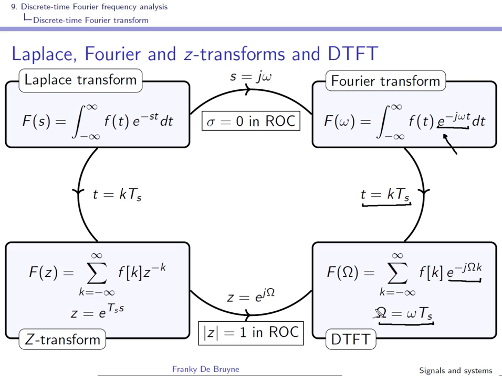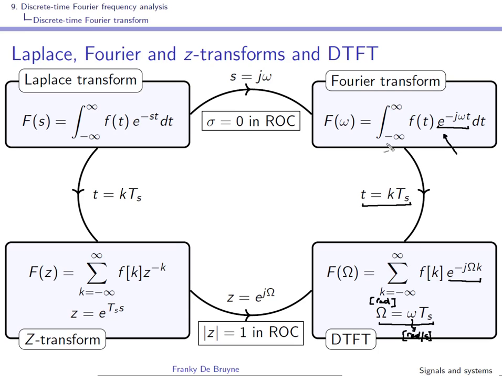The discrete frequency is written as a function of the analog frequency times Ts. Remember that this one is in radians per second, right? Ts, of course, is in seconds, so the discrete frequency is simply expressed in radians. So this is the discrete time, for obvious reasons, Fourier transform.